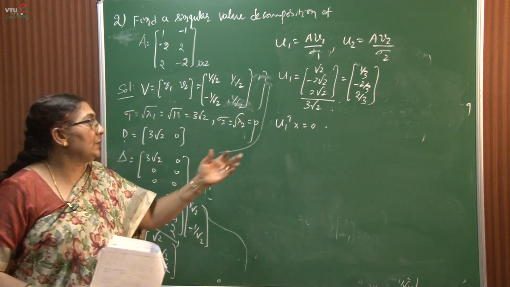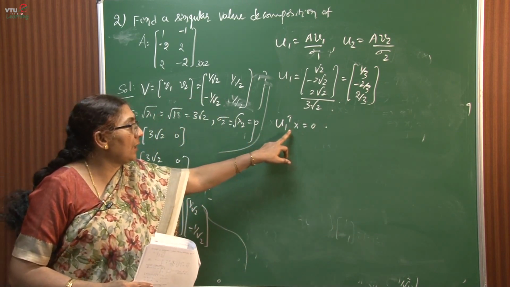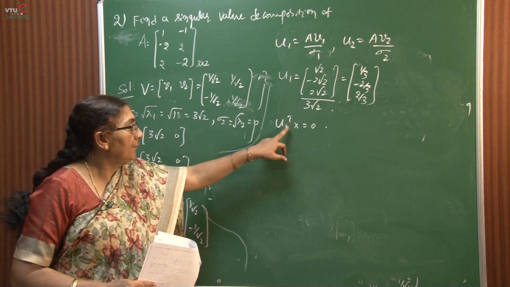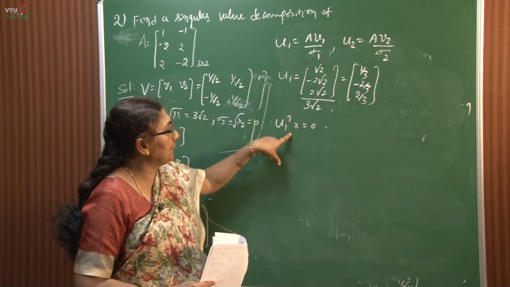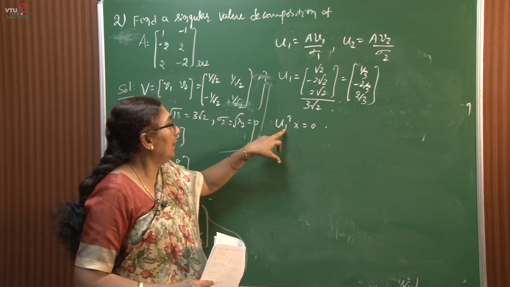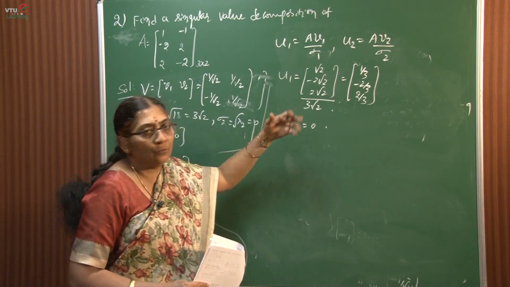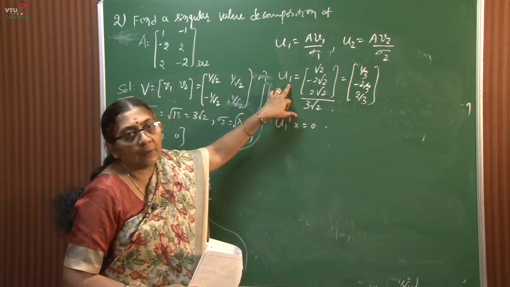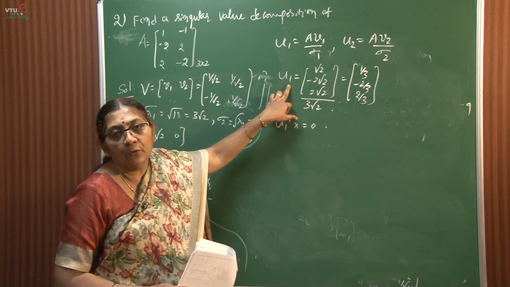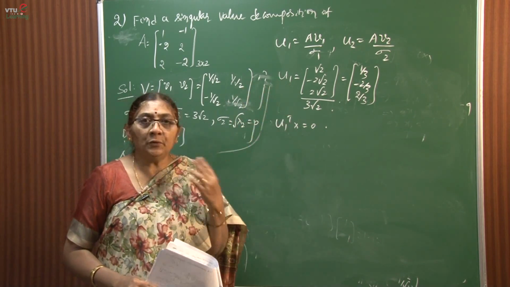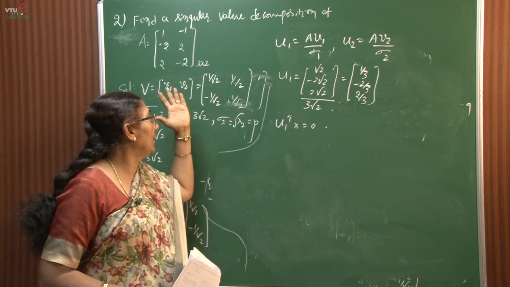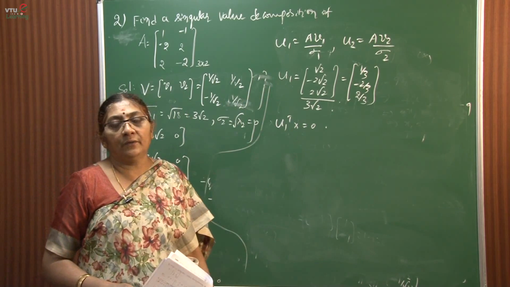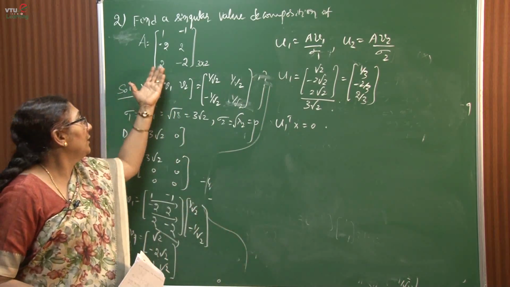Using this formula, we are finding the other two vectors U2 and U3, which must be orthogonal to U1. Keep in mind, the number of unit vectors must be equal to the number of rows of the given matrix.